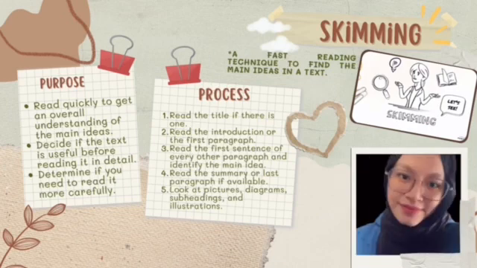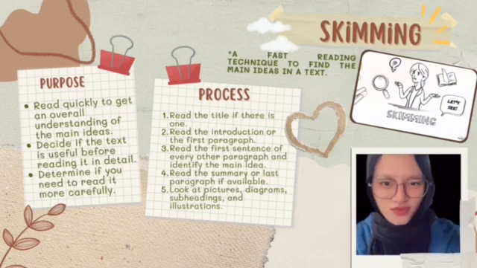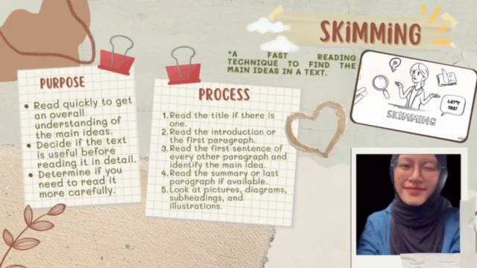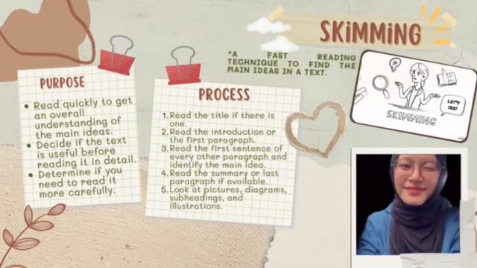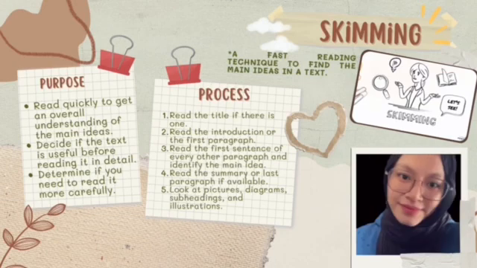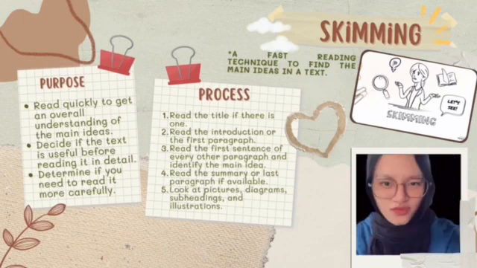Skimming is a reading technique where you read quickly to get the main idea of a text without focusing on every single word. It helps you decide whether you need to read something in detail or just move on. Think of it like scrolling through TikTok. If the first few seconds grab your attention, you stay, right? But if not, you swipe. Skimming works the same way for reading.